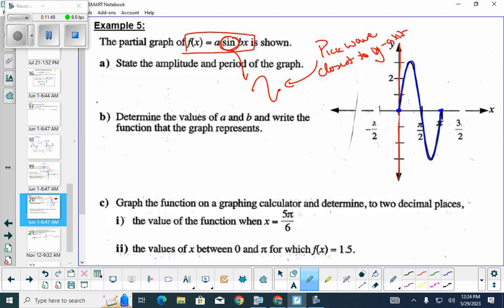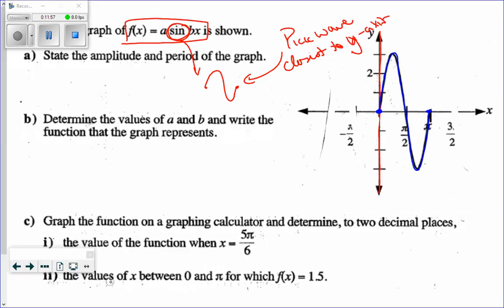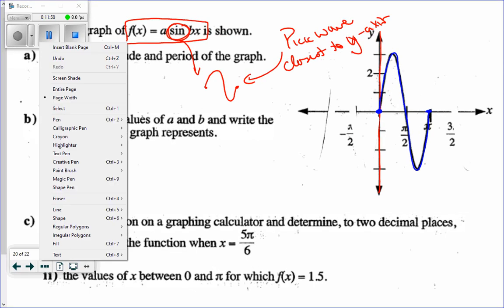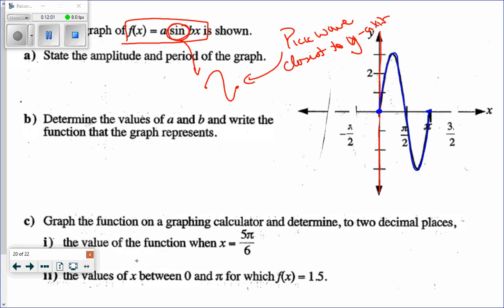Now, you don't have that option unless you want to physically white things out, right? That's not an option for you. So what some kids did in the last semester class is they would take a highlighter and draw a box around the one wave that they wanted to look at, and then they would ignore anything else on the outside of that box.